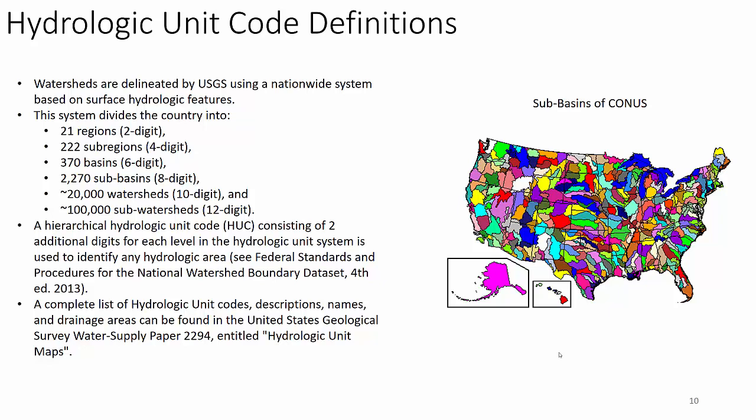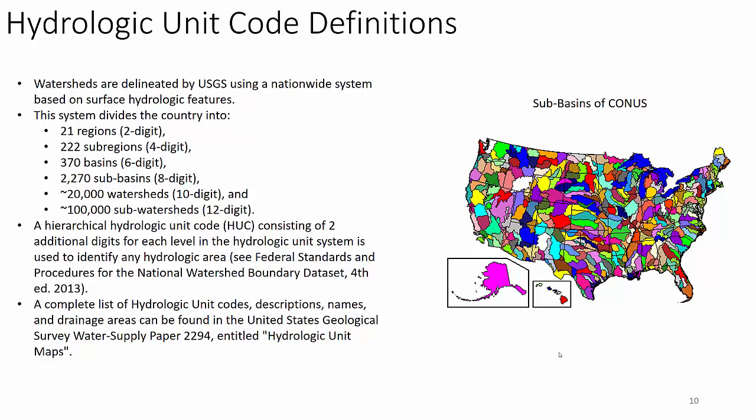But that results in 222 subregions in the United States. 376 6-digit basins then emerge. And then when we go to the 8-digit sub-basin, which we typically refer to as the HUC 8, Hydrologic Unit Code 8, we have 2,270 of those in the United States. That's an important number to remember.